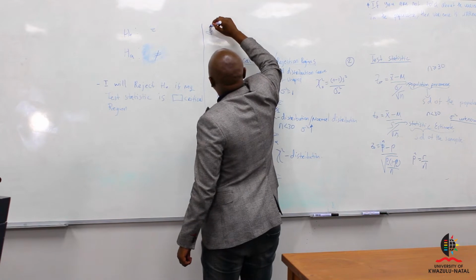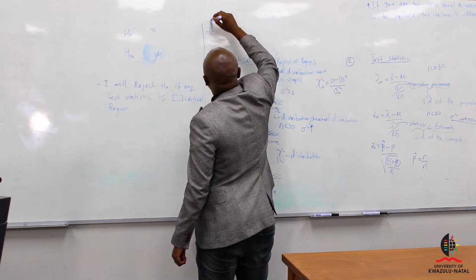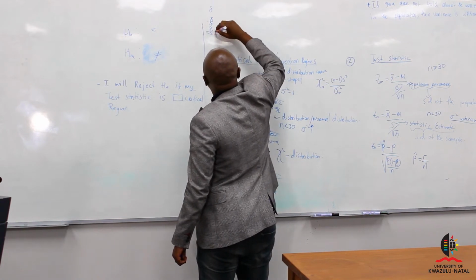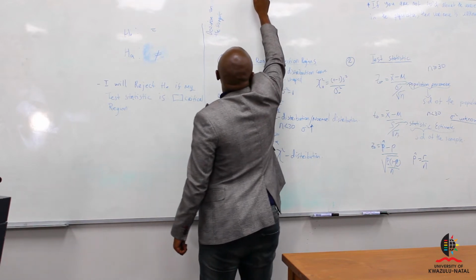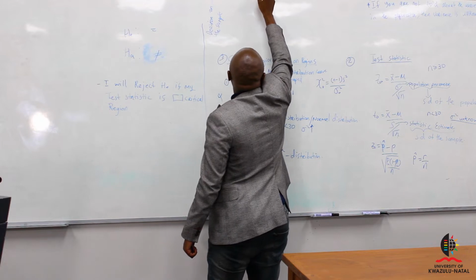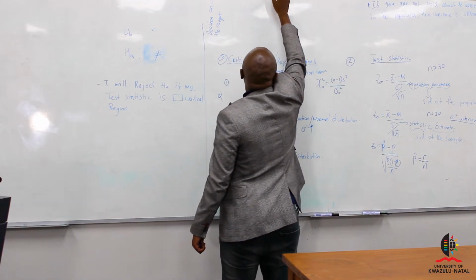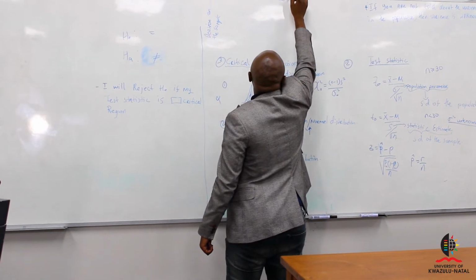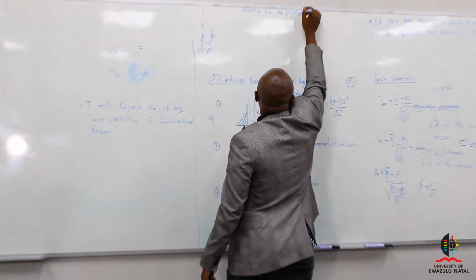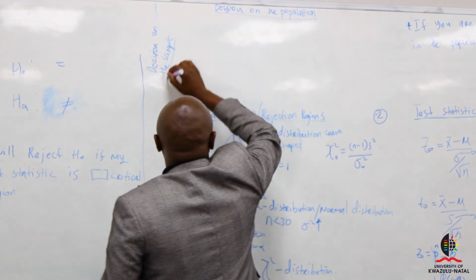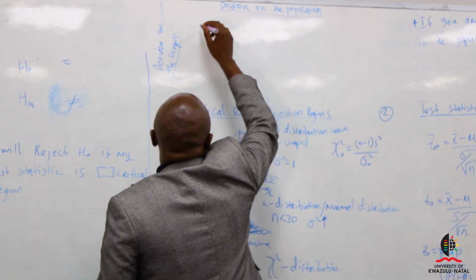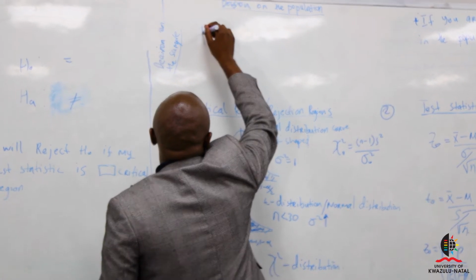Decision on the sample, right? Then decision on the population, right? You've got reject.